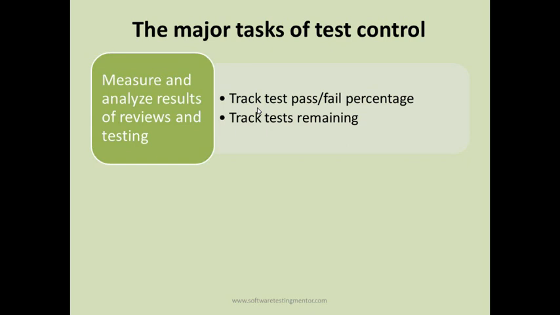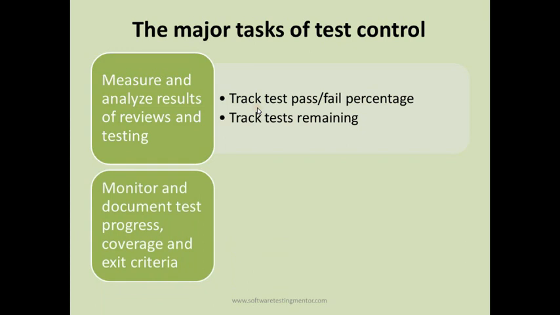In this step, you basically see how many test cases are allocated in the test cycle, how many of them passed, how many of them failed, what's the percentage, and how many test cases are still remaining to be executed. This is the first major task of the test control activity.